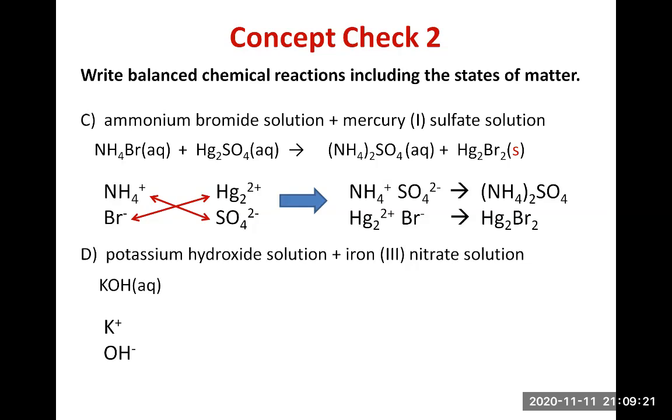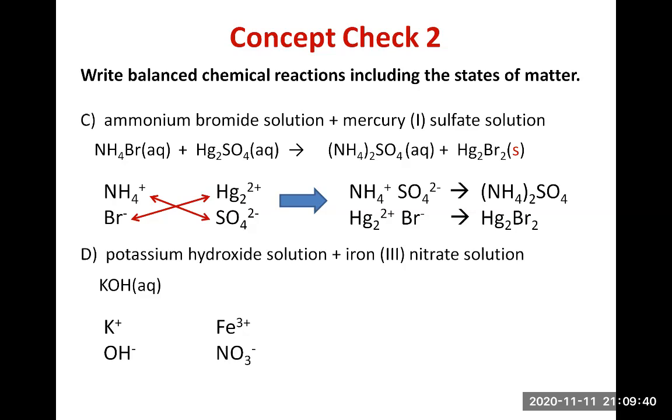Iron 3 nitrate. Iron 3, in here the Roman numeral tells you it's Fe3 plus. The 3 indicates the charge on iron. Nitrate is NO3, one negative charge. That's another polyatomic ion you need to learn.